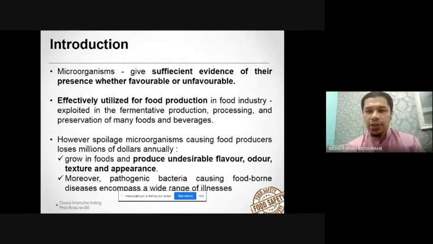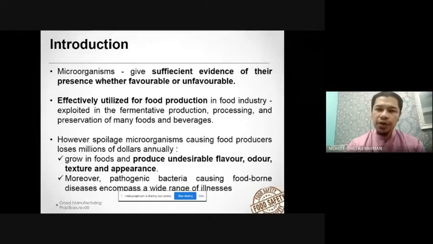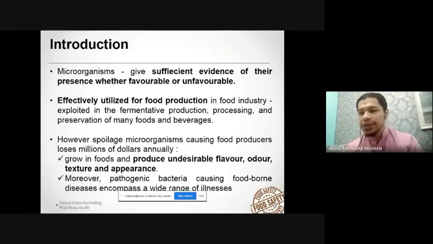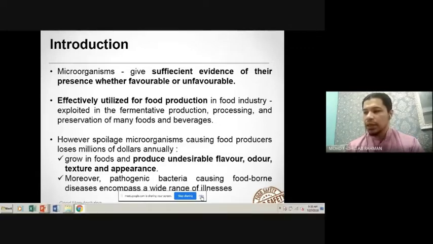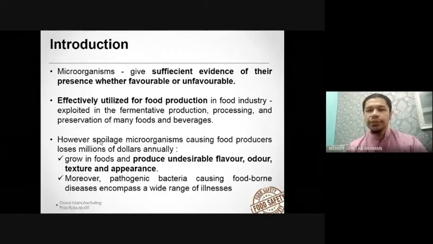These microorganisms grow in foods and produce undesirable flavor, odor, texture and appearance. Moreover, pathogenic bacteria cause food-borne disease, which encompasses a wide range of illness. So this is as introduction.